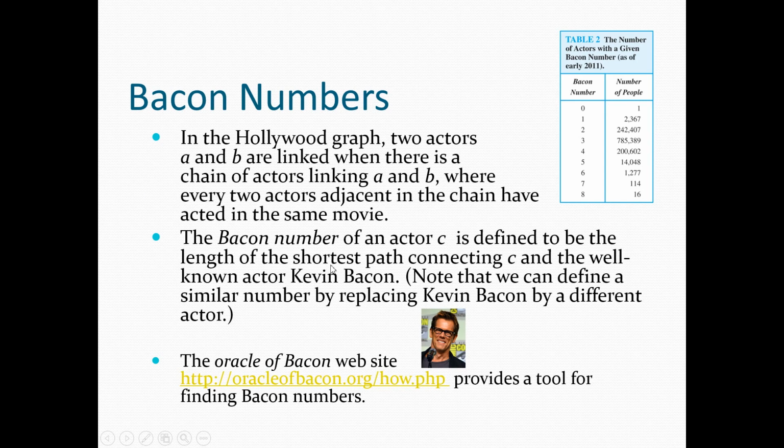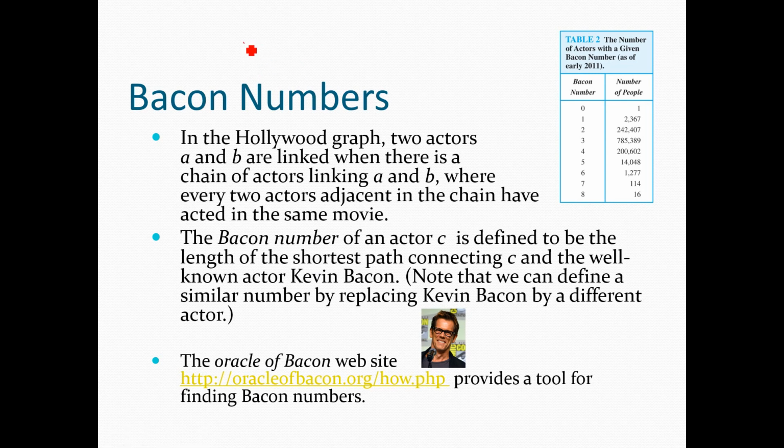The Bacon number of an actor C is defined to be the length of the shortest path connecting C and the well-known actor Kevin Bacon. Note that we can define a similar number by replacing this actor by a different actor. So this is quite similar to the Erdős number.